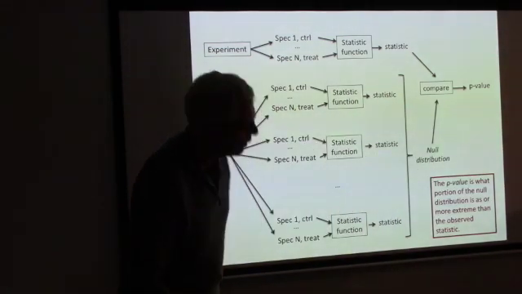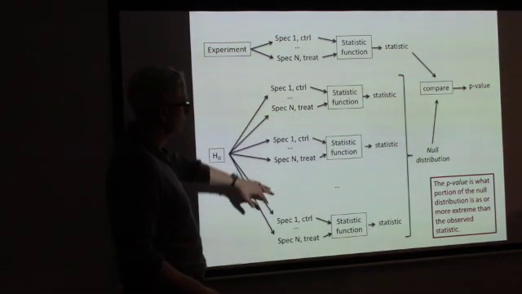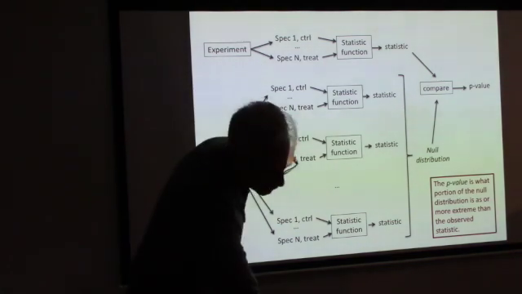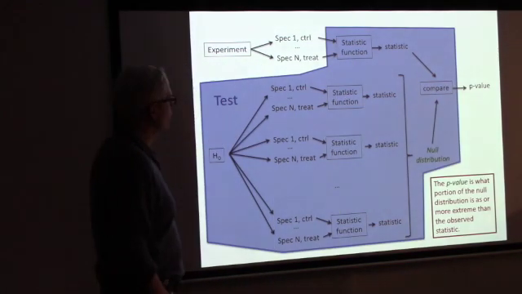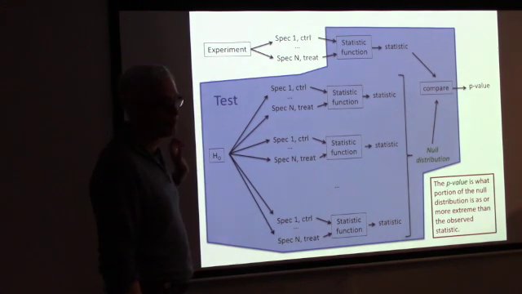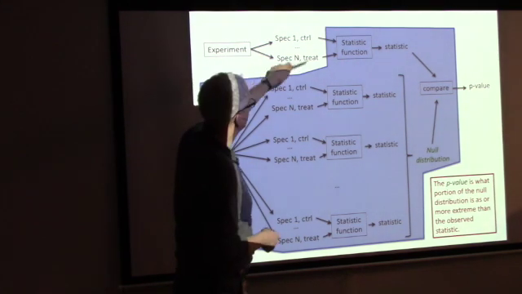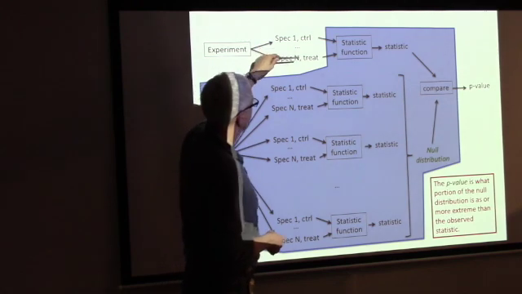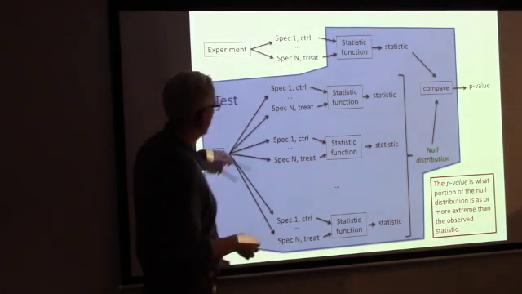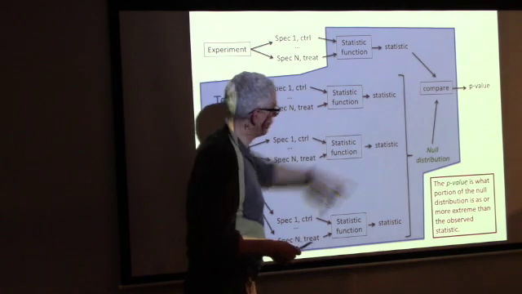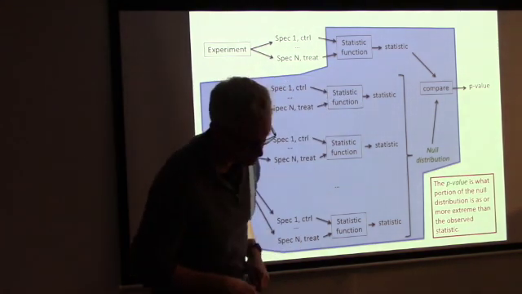Okay. Now, this is a lot of work to do all this. The good news is that the software does all the stuff in blue for you. So all you have to do is do your experiment, generate this data, throw it in, tell it what test you want, and it does all this stuff, gives you your p-value.